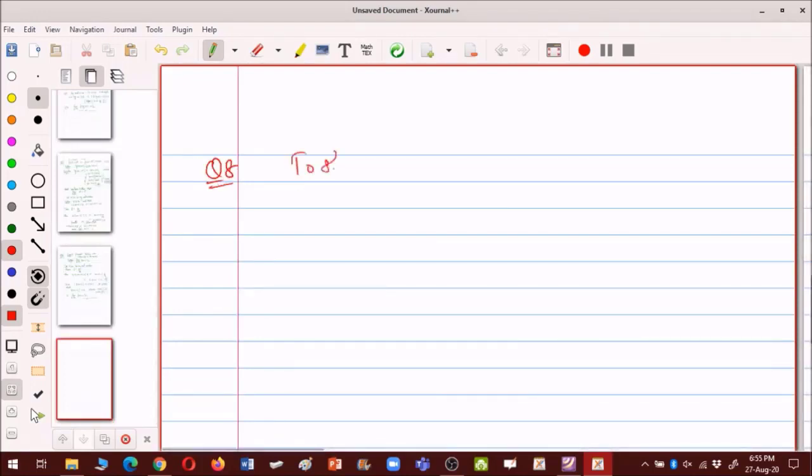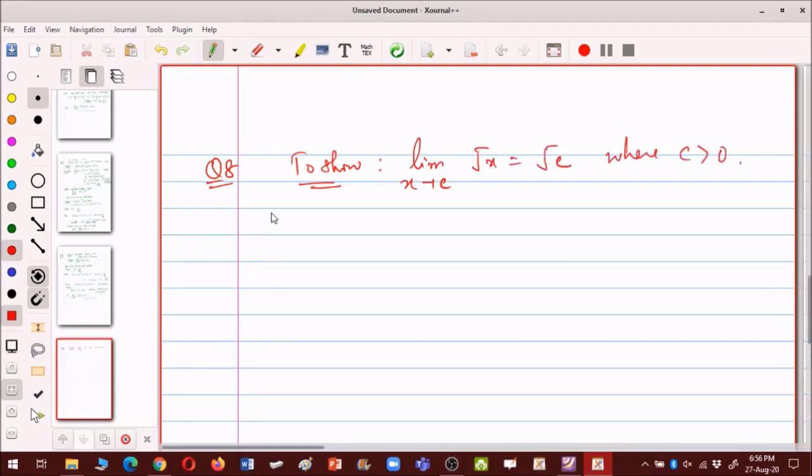Question number 8, to show limit x tends to c of root x is equal to root c, where c is given to be greater than 0. So let epsilon greater than 0 be any real number.